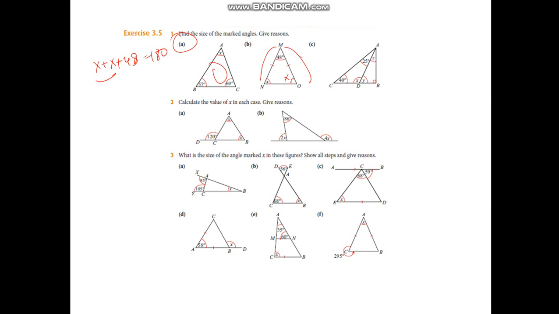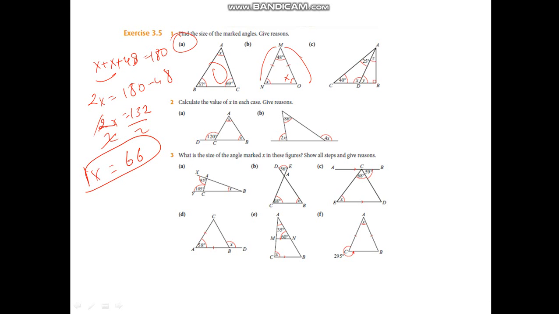So we have 2x is equal to 180 minus 48, and 2x is equal to 132. Simplifying by 2, x is equal to 66. Yes, x is equal to 66.